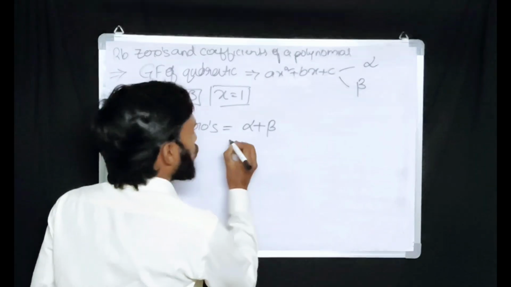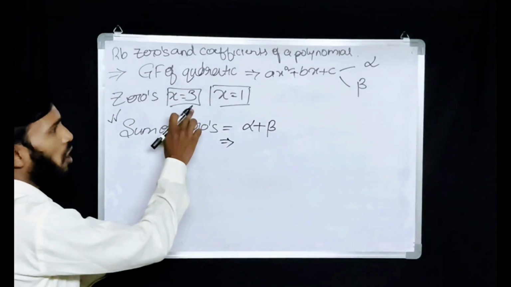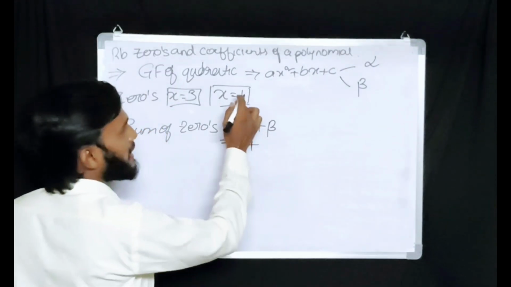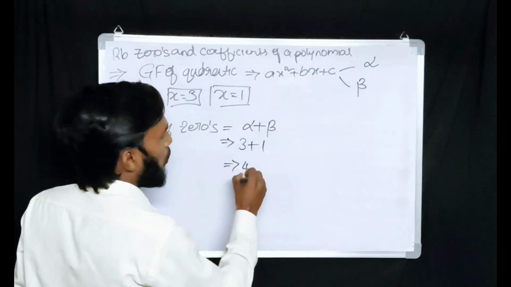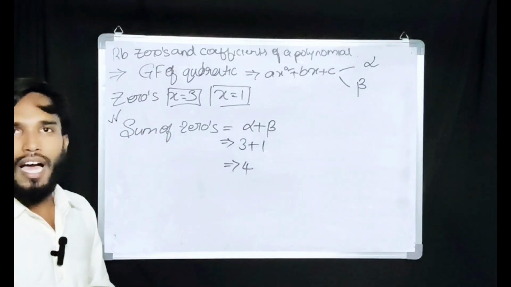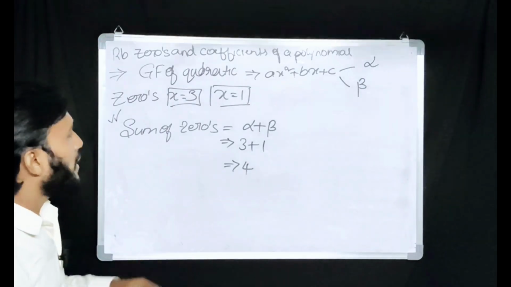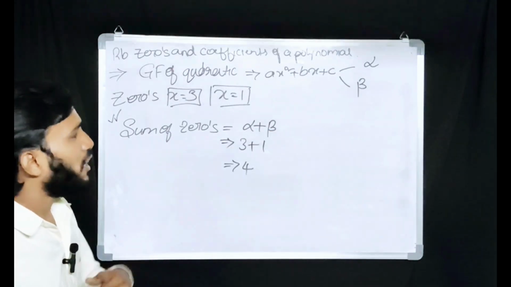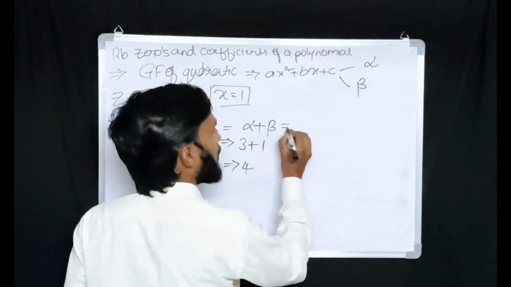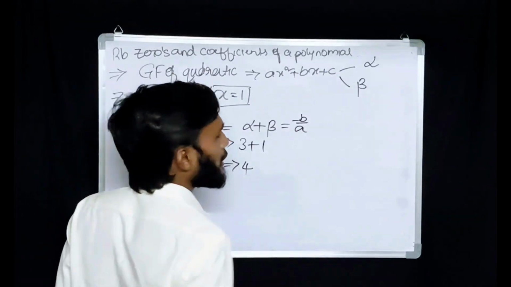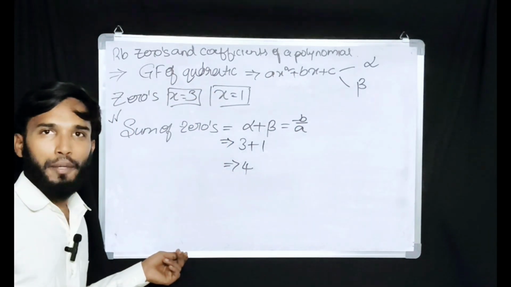What is the first zero we got here? 3. And the second one? 1. So what is the sum of the zeros? Alpha plus beta is equal to 4. And remember this: alpha plus beta is equal to minus b by a.